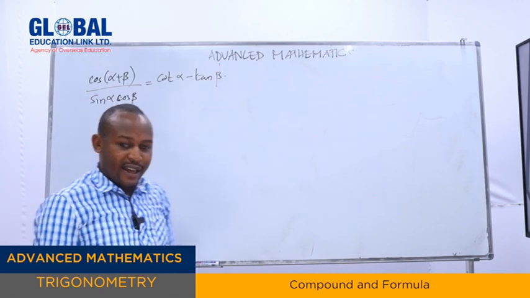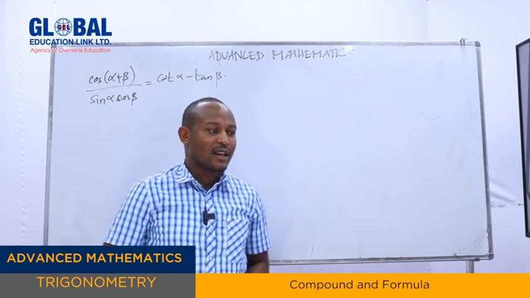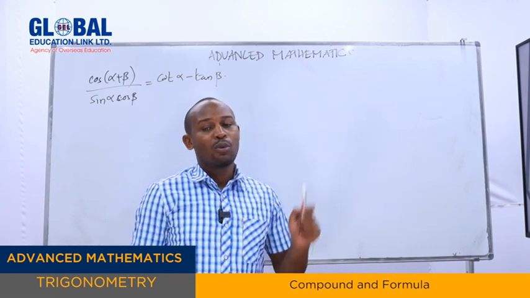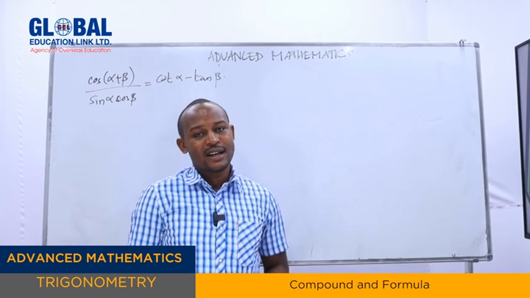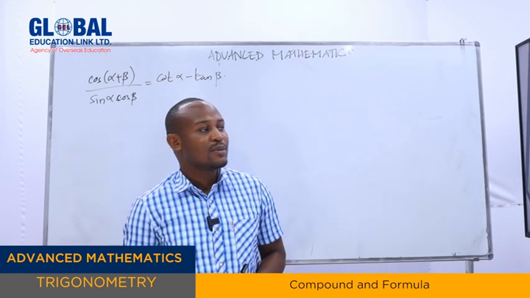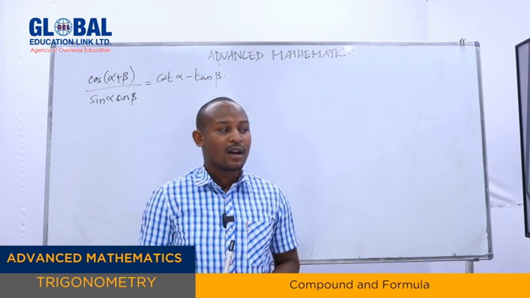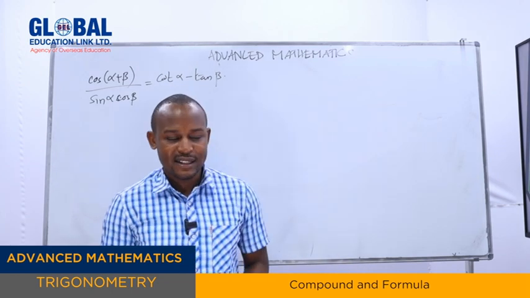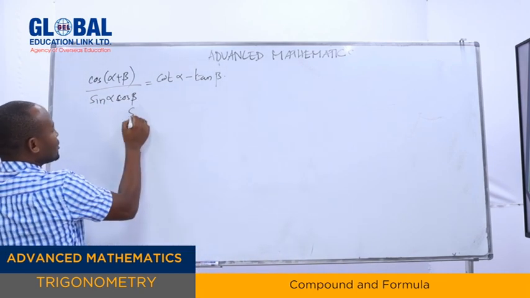Now let's prove that. As I explained earlier in the previous lesson, when we are told to prove, we are supposed to take one side and use that one side to reach the second side. That means we are not supposed to use both sides. Our question does not tell us to show. We are told to prove. That means we are to select a side.